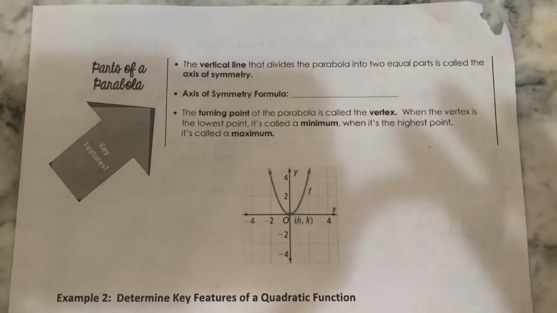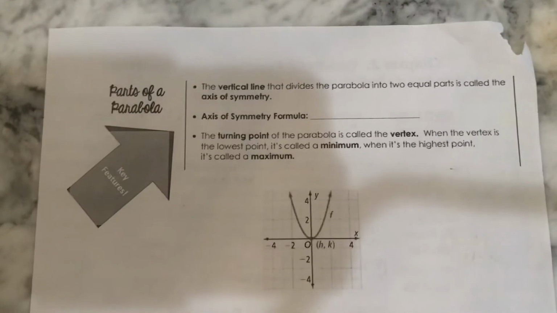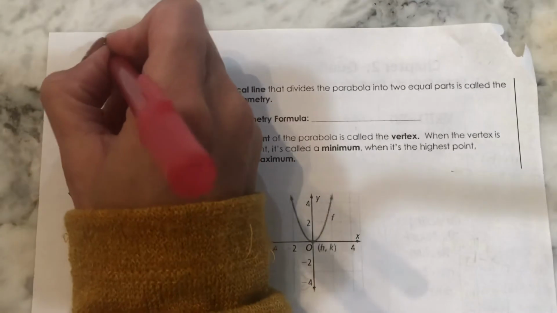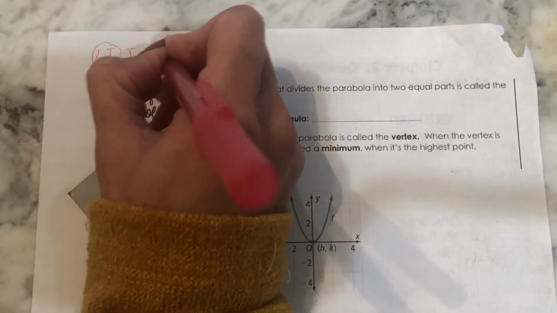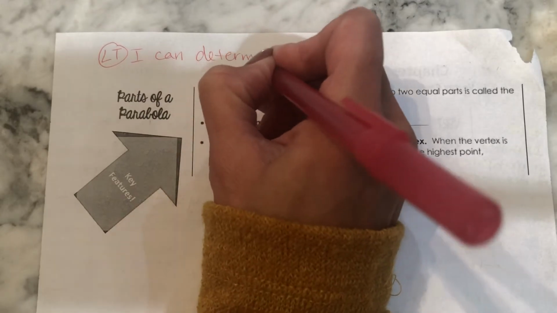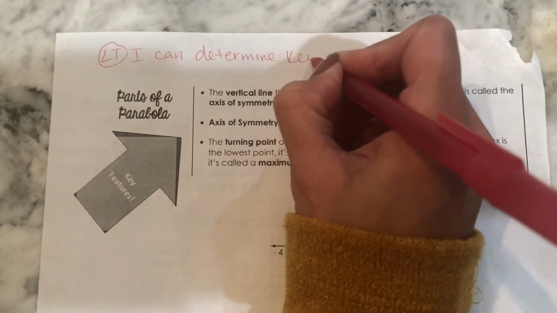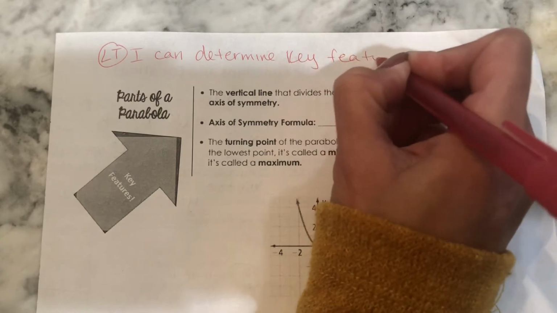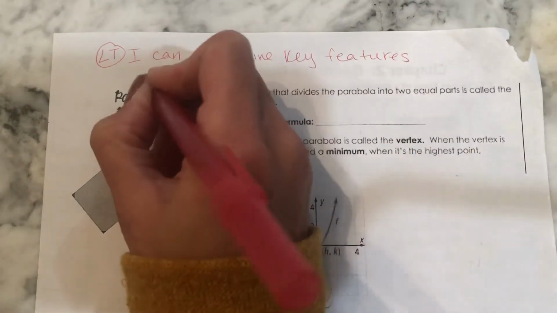All right, part 2 of the lesson here. Learning target: I can determine key features of a quadratic function.